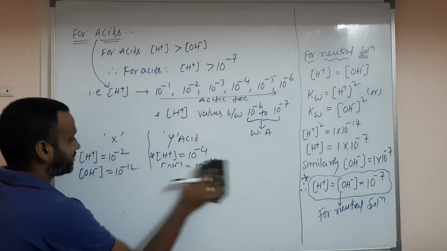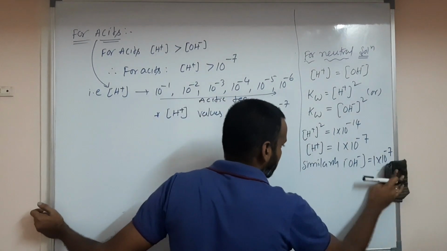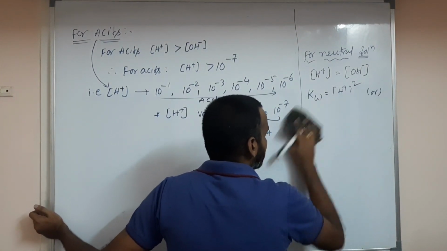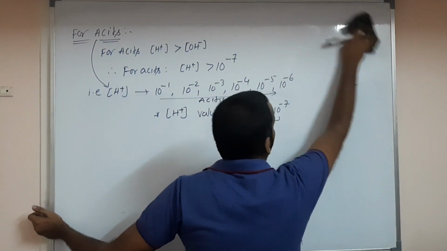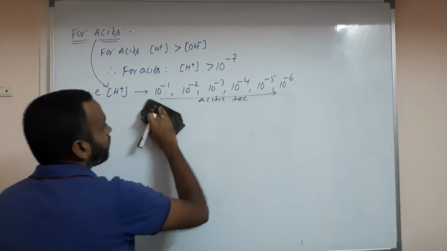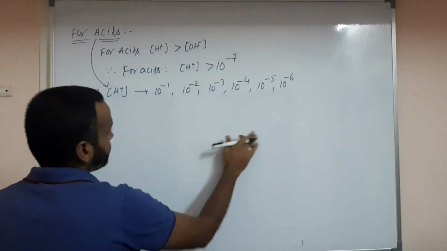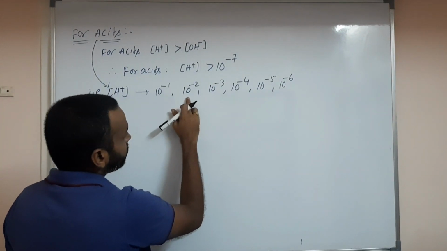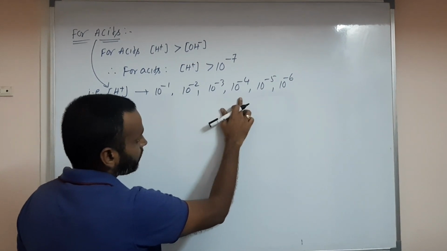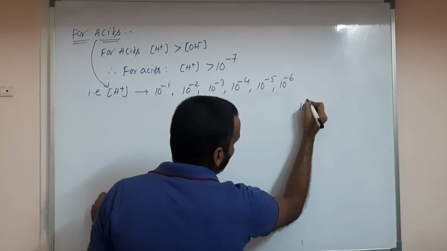As I said, you can now write everything at one place. These are very important. I am writing the H plus concentrations: 10 power minus 1, 10 power minus 2, 10 power minus 3, 10 power minus 4, 10 power minus 5, 10 power minus 6, and then 10 power minus 7.